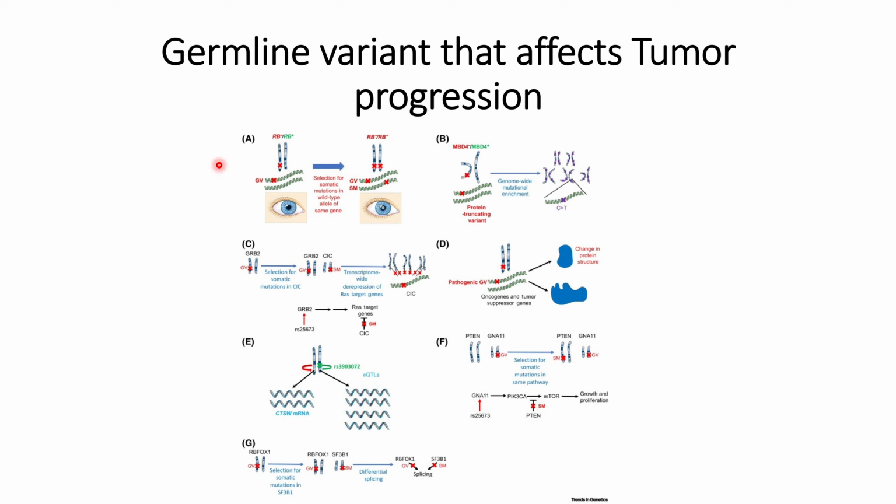So we will understand this through several examples that are shown in this figure. Let us start with panel 1. In this, there is a variation in the tumor cells in one allele of the gene RB1.